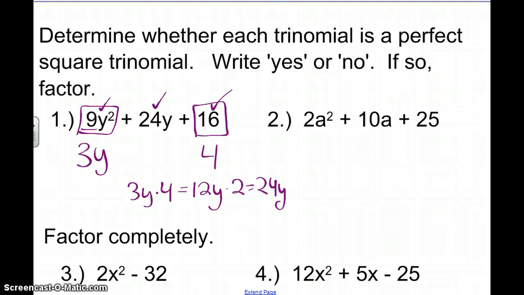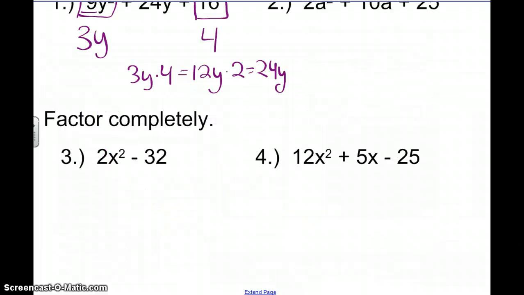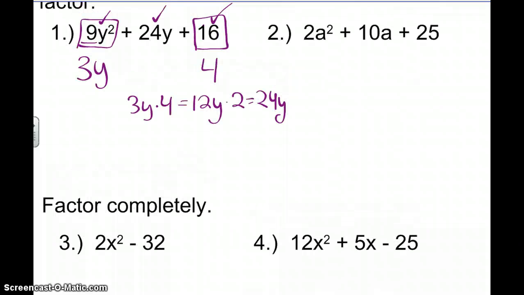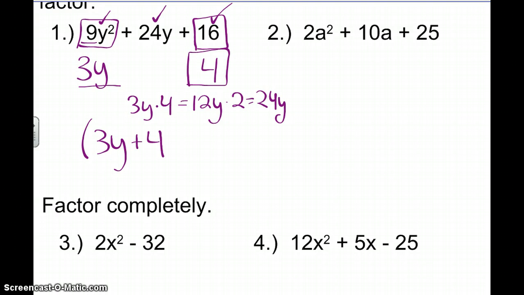Now we can set up our perfect square by taking our first term, which is 3y, adding it to our second term, which is a positive 4, and squaring it.